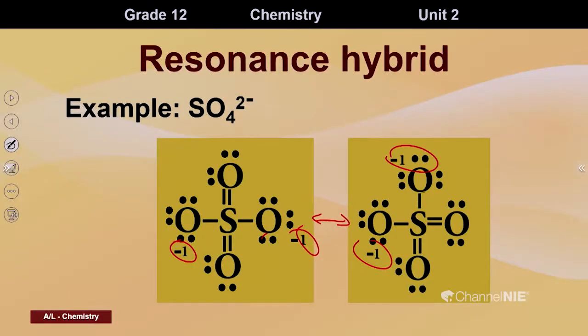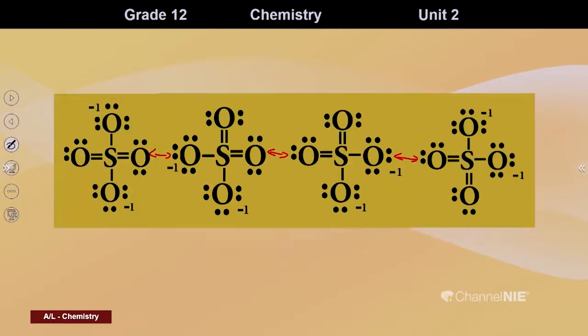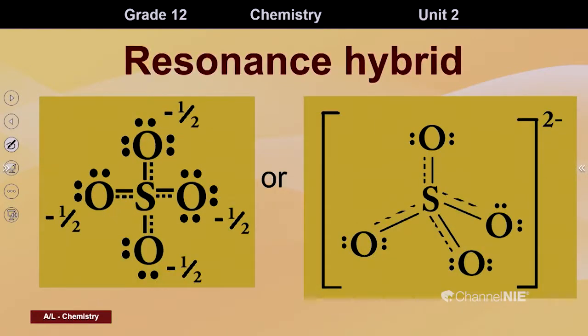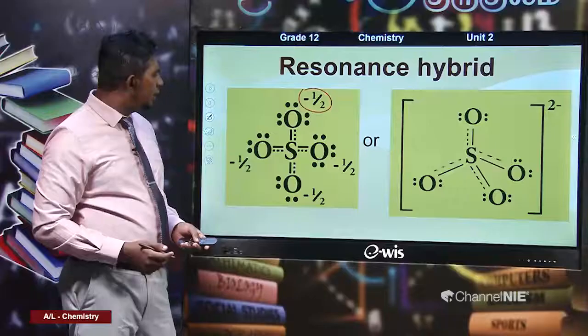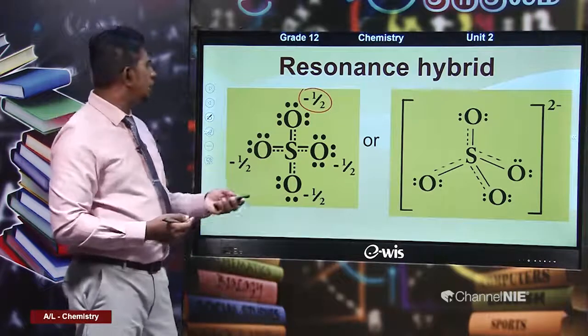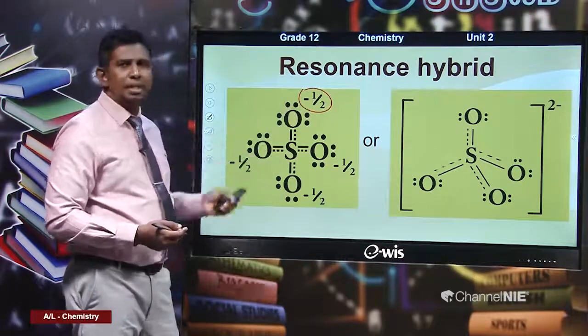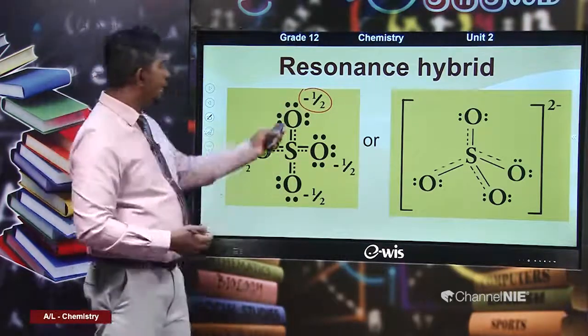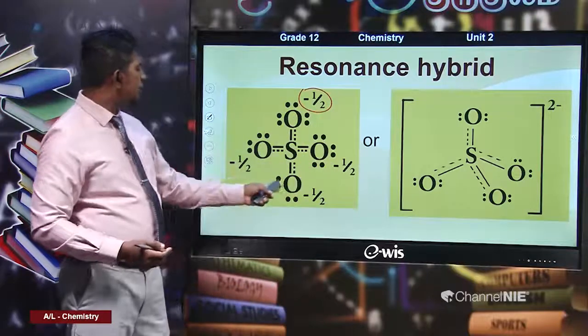It's not just here -1, it's all together. It's 6 structures. -1, -1, -1. It's -3 divided by 6. It is -half. That is the charge belonging to each atom. So similarly, you could mark the charge on each atom. Then there is no charge on sulfur. Then students, if you're not marking those charges on atoms, you add them up. -half, -half, -half, -half.